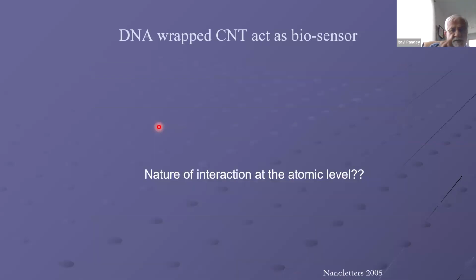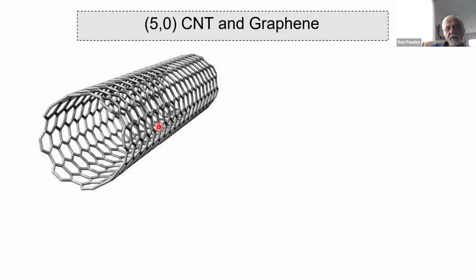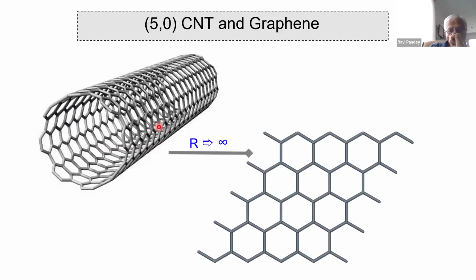So the question we asked is, if this is fine, they have fabricated the device, what kind of interaction are they having at the atomic level? So we started with an approximation because, as you know, carbon nanotubes have different sizes and different types. So we thought, let's pick a very small diameter carbon nanotube.